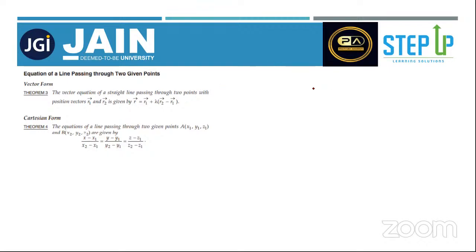Any doubt, anyone? So x minus x1 divided by x2 minus x1 equal to y minus y1 divided by y2 minus y1. Very much similar to the straight line.